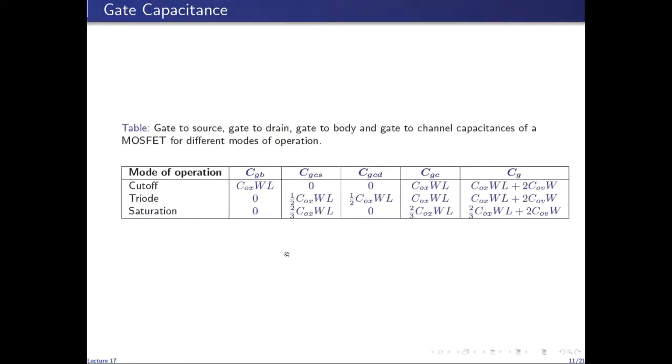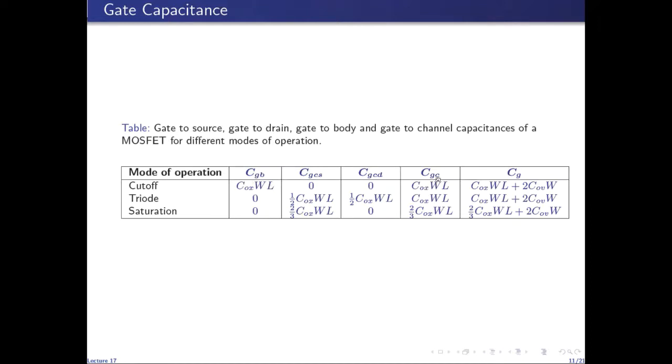So here in this table, I summarize the values of all the components of the gate capacitance for different modes of operation of the device. And I also list the overall gate capacitance, which is denoted by CG. So in the cutoff mode of operation, there is no channel. So CGCS and CGCD are 0, but there is capacitance between gate and body.